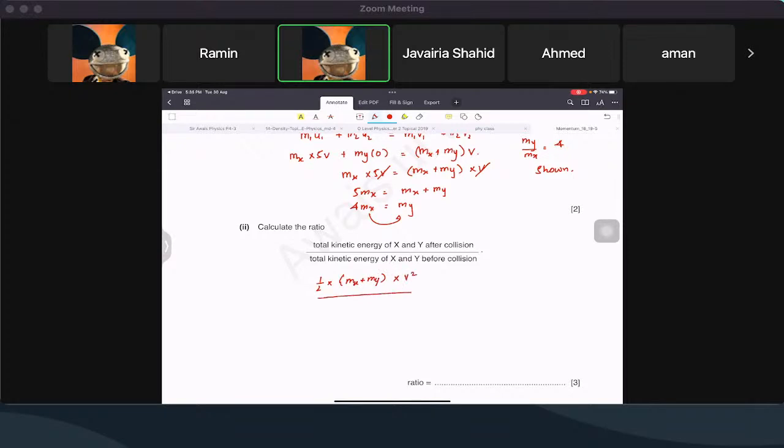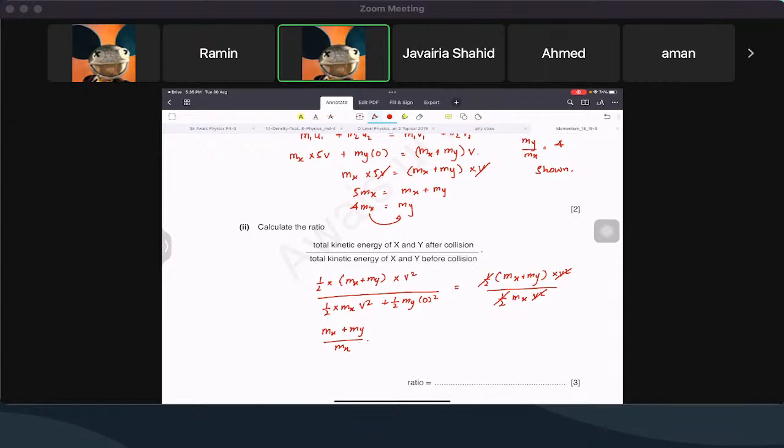Before that, the kinetic energy was half mx v square plus half my 0 square, because my was not moving. This will be half mx plus my times v square divided by half mx v square. So half cancels out, v square cancels out. So you're left with mx plus my over mx, like that.